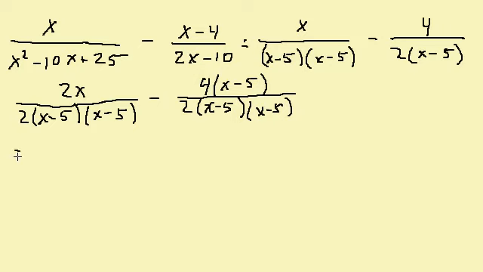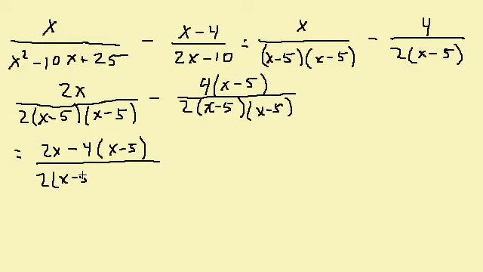So now I can combine the numerators. So I have 2x minus 4 times x minus 5 over the common denominator, 2 times x minus 5 times x minus 5. And then I simplify the numerator. So I'm going to distribute the minus 4.